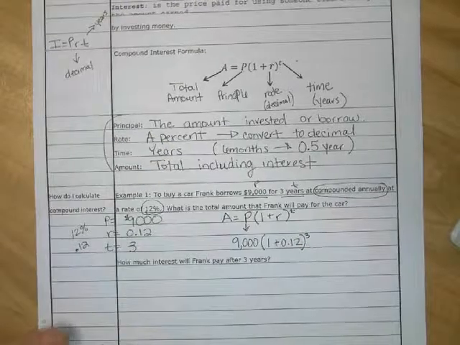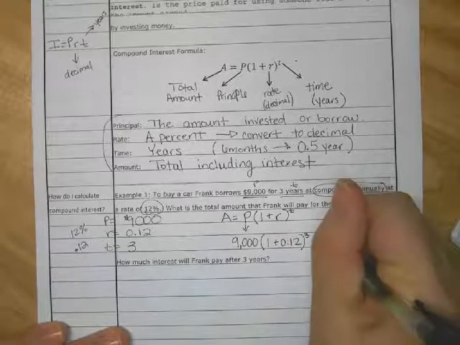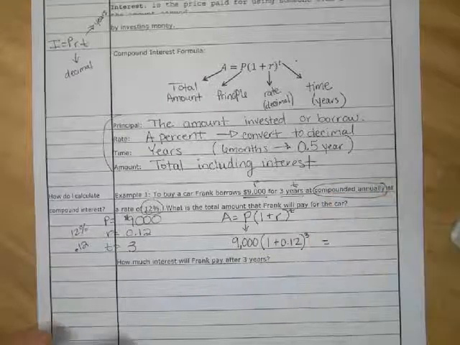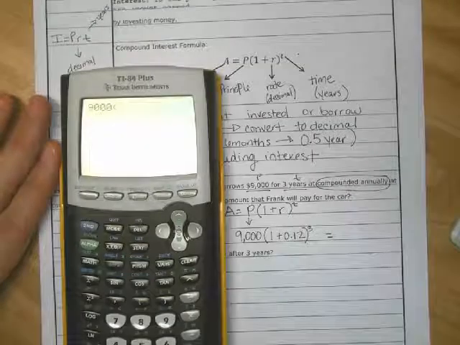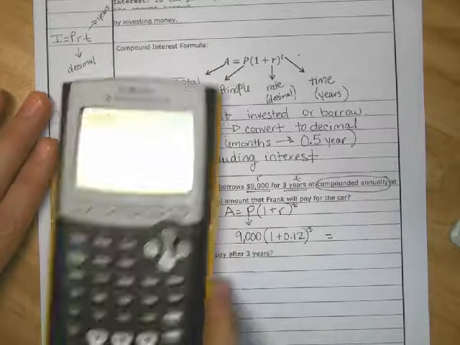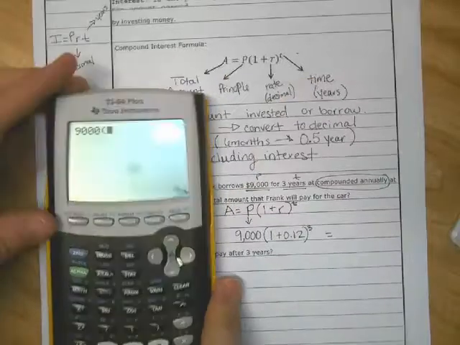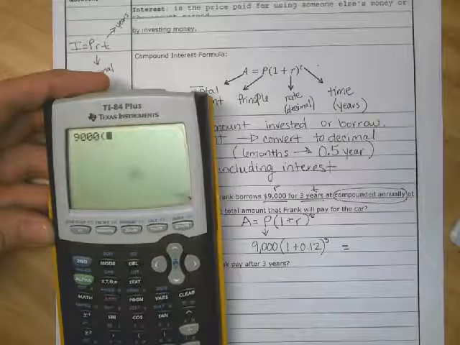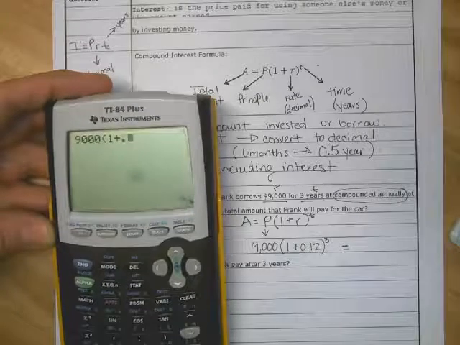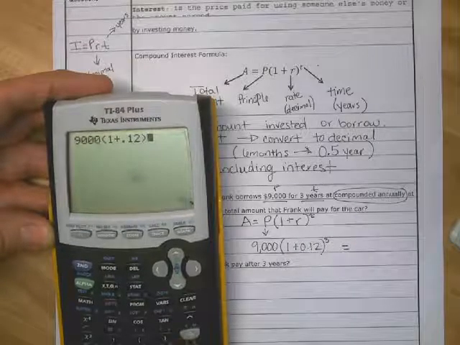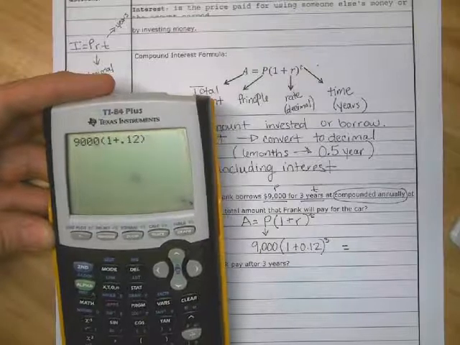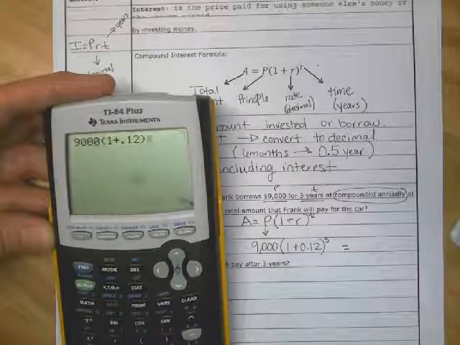And at this point, you can put this into the calculator to solve it. Okay, so I have a calculator, and 9,000, parentheses 1 plus 0.12, close parentheses, and I'm going to raise that to the third power. So I press the little caret button here.